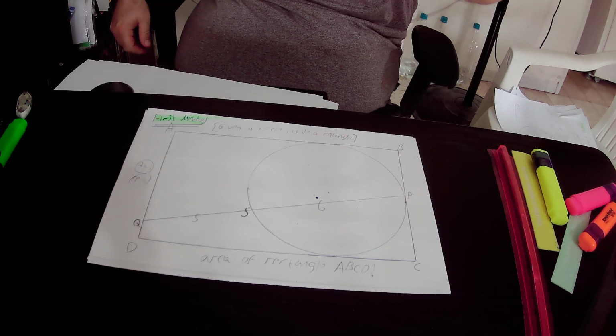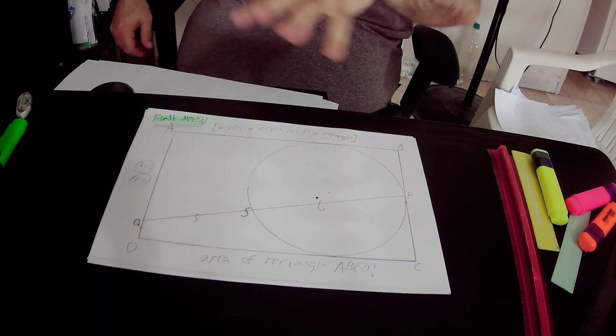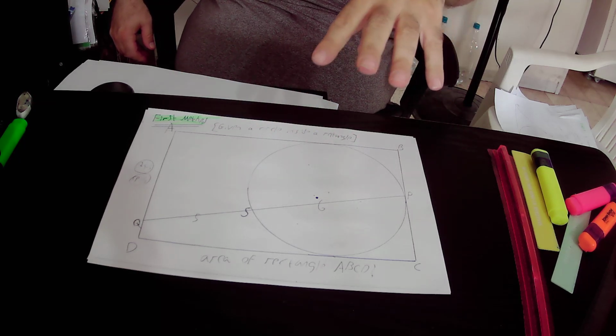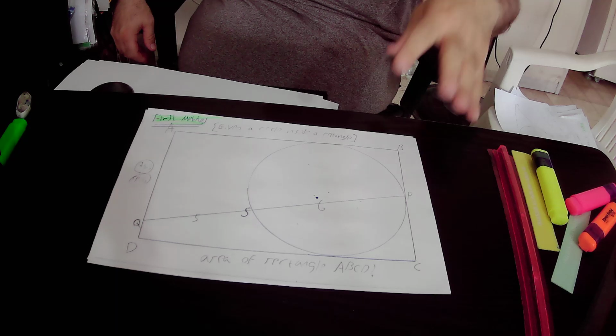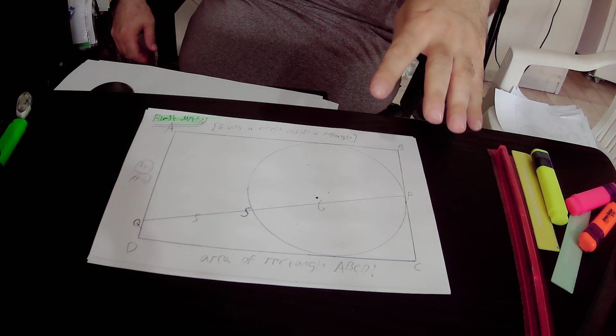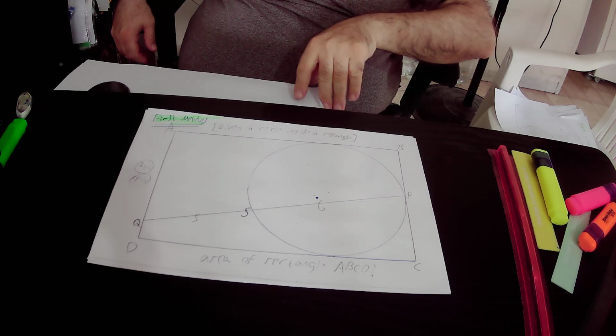In the drawing, we have rectangle ABCD. Inside the rectangle, we have a circle. Actually, the circle is bounded by the rectangle, or the circle is described by rectangle ABCD.